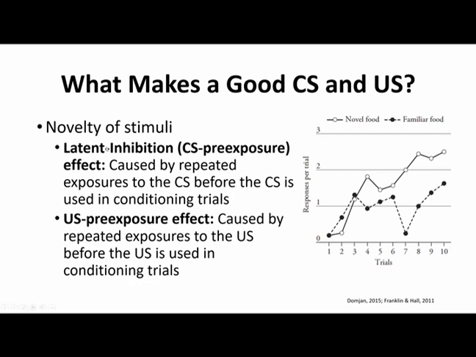So if we were looking at Pavlov's dogs, where we have a tone paired with meat and it leads to them salivating, then our conditioned stimulus is that tone. And before we started pairing the tone with the presentation of food, we would then just play the tone over and over again to the dogs without pairing it with meat. So that pre-exposure is happening before the classical conditioning would happen.